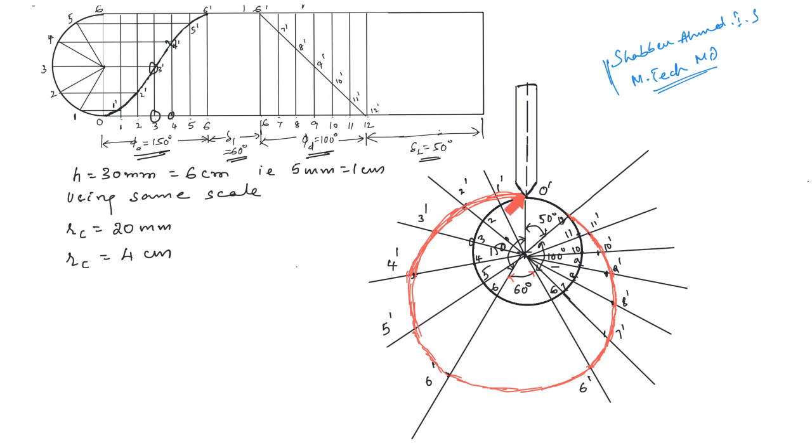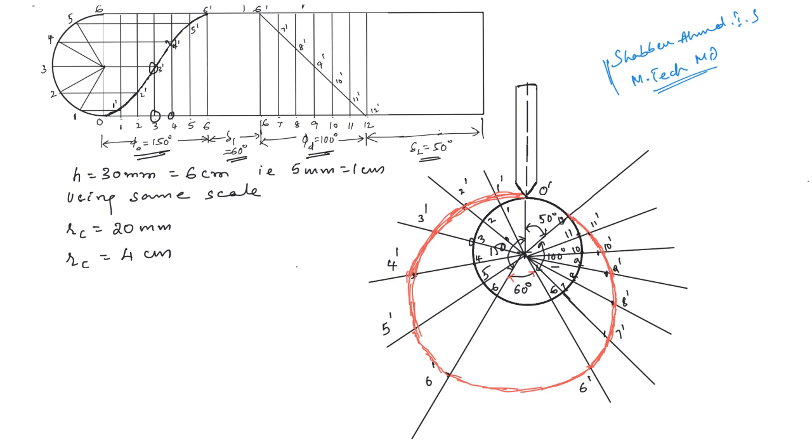Now all these points, that is 1 dash, 2 dash, 3 dash up to 11 dash and 12 dash, must be joined by a smooth curve. You have to use free hand and draw this smooth curve, which is shown as the red line in the video. This red line will be the profile of the cam.